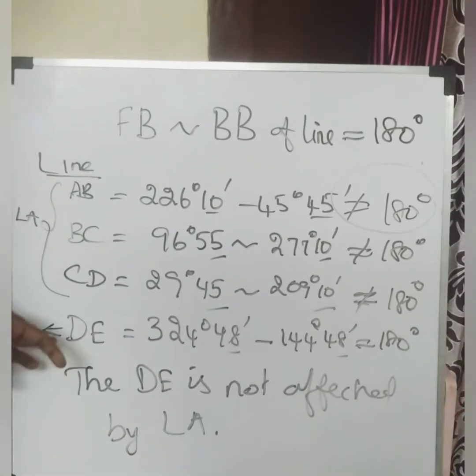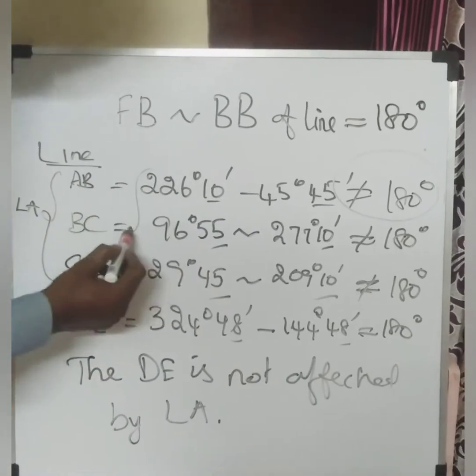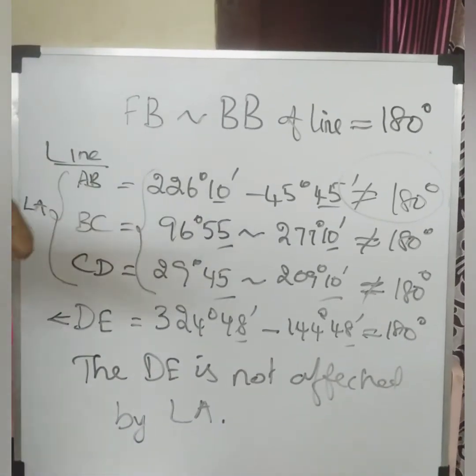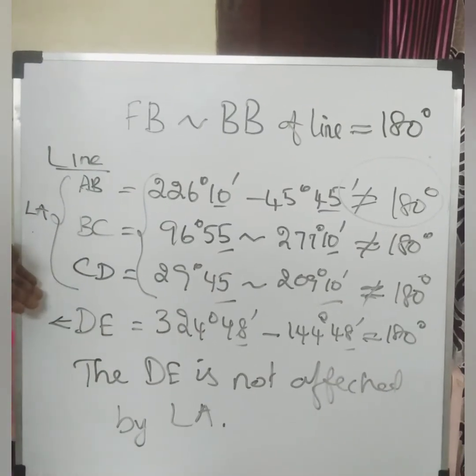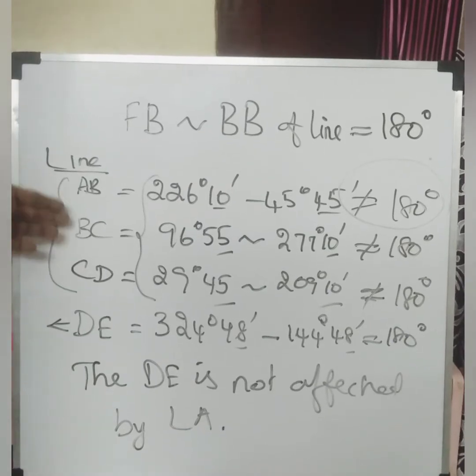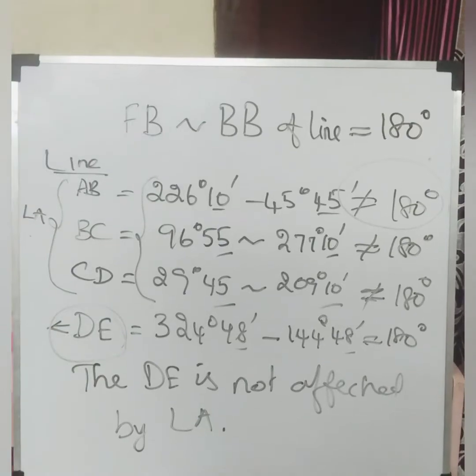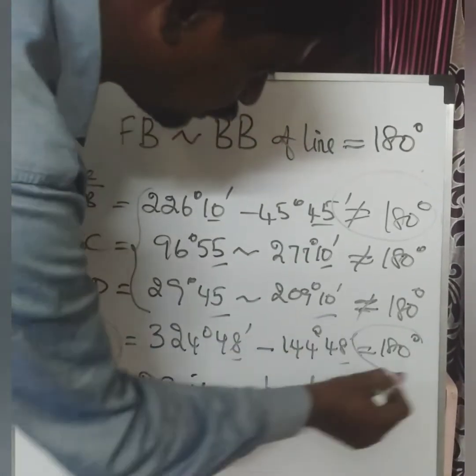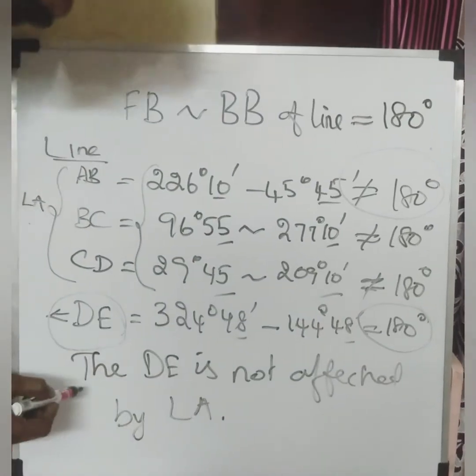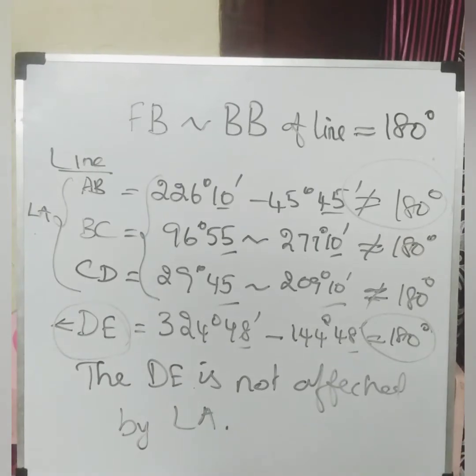From the observed corrected bearing we can find the corrected bearing of these affected lines. How to find the corrected bearing of AB, BC, CD? By using the corrected observed bearing, because this one is not affected, with a difference equal to 180 degree. So the line DE is not affected by local attraction.